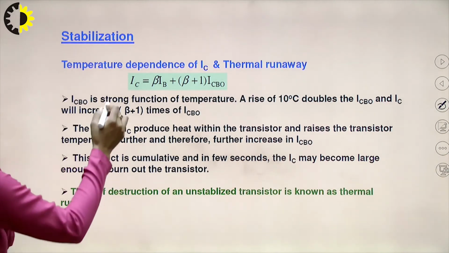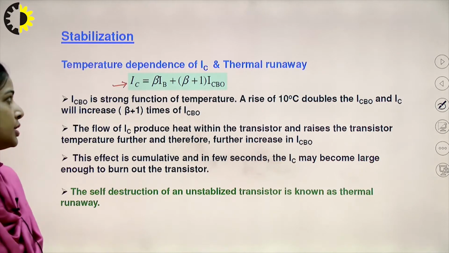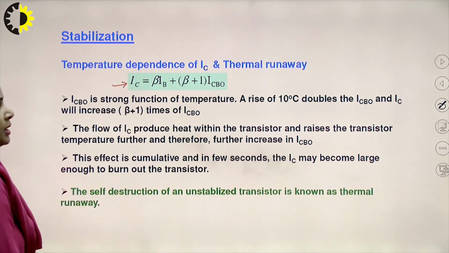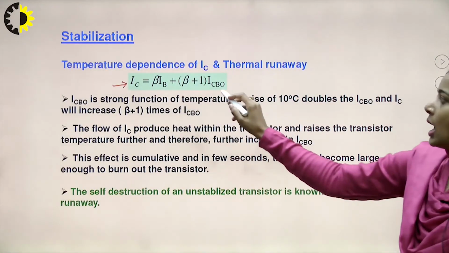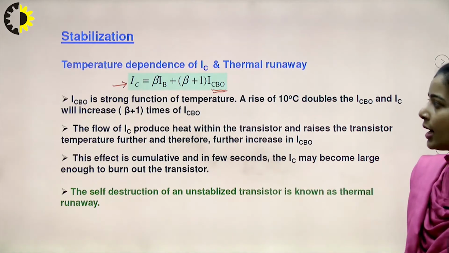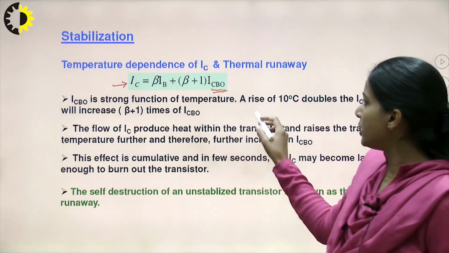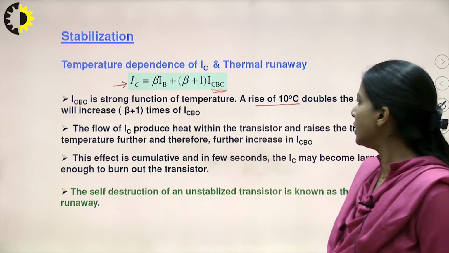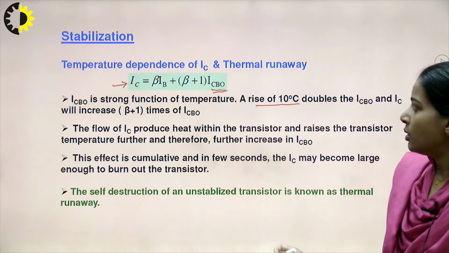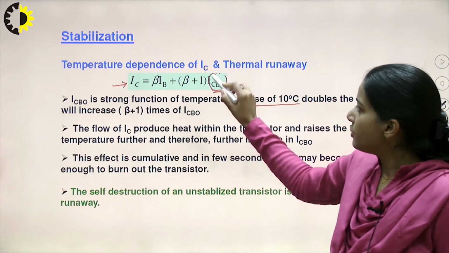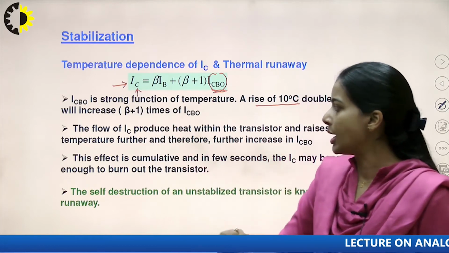We will see how the current IC is dependent upon the beta and the temperature. The IC equation we know is beta IB plus beta plus 1 ICBO. ICBO is the current that is a strong function of the temperature; with the rise of 10 degrees of temperature, the value of ICBO doubles. As this value of ICBO increases, it will ultimately increase the current IC.